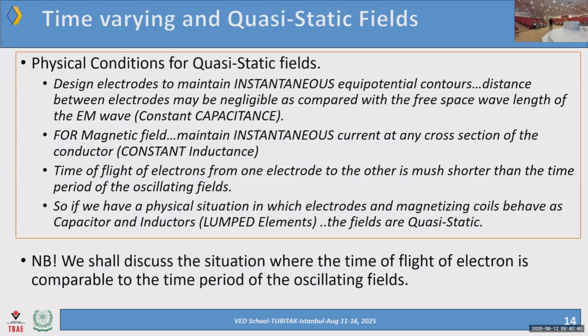The grid is placed very close to the cathode, and a very short pulse is applied on the grid. That grid is basically a sort of traffic signal. It accumulates the charge and lets go of the charge after a certain time. In this way we can control the beam very precisely.